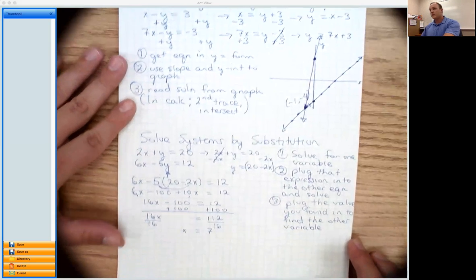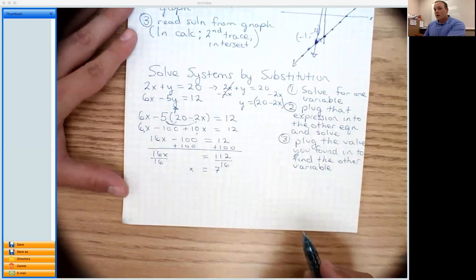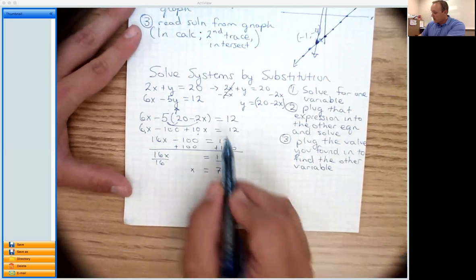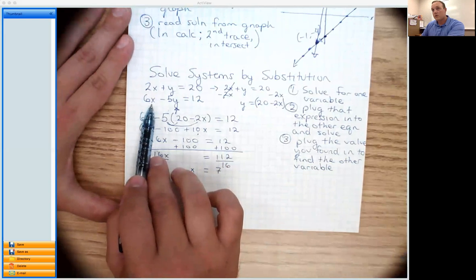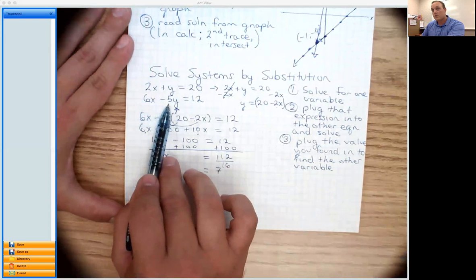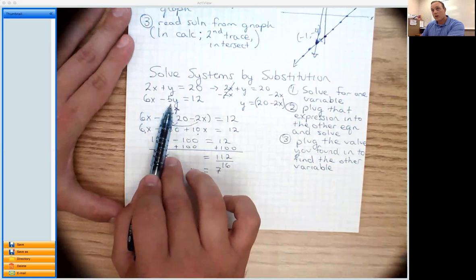All right, I'll move this up a little bit. And so I plug this in. Which equation should I plug it into? Either one. You should plug it into both.